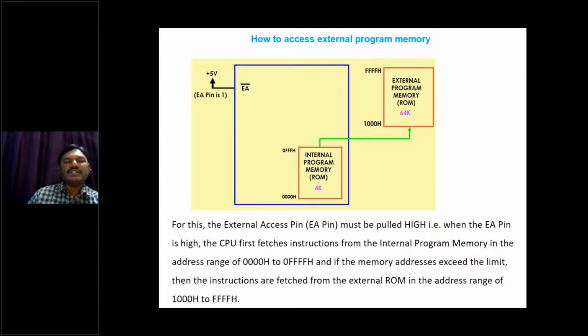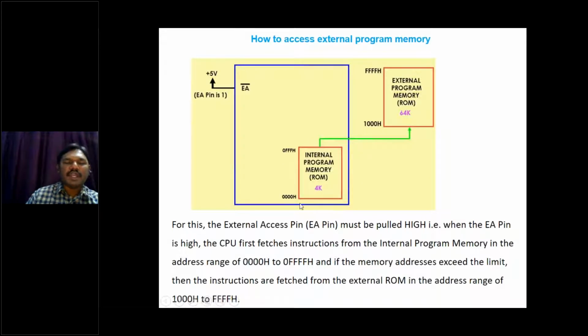And how to access this SD card in addition to internal storage is with the help of this pin called external access, that we will see here. So this is called external programming. Why is it FFFFH? Because externally available memory is up to 64 KB, because 16 address lines are there, so 64 KB, and this 64 KB is FFFFH in hexadecimal.